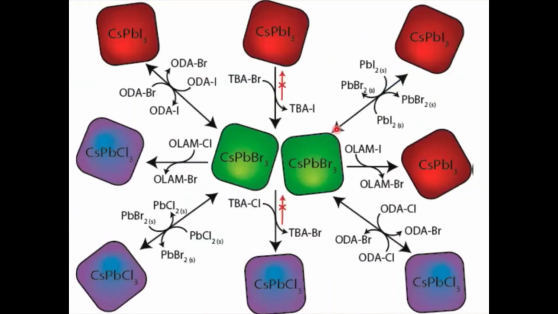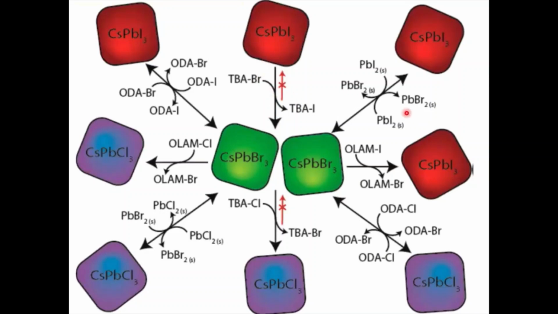Once you have prepared cesium lead bromide, you can add it with iodine to convert it to cesium lead iodide. In a similar way, if you have cesium lead iodide, you add it with bromine and you can convert it into cesium lead bromide, but the reverse reaction is not possible.